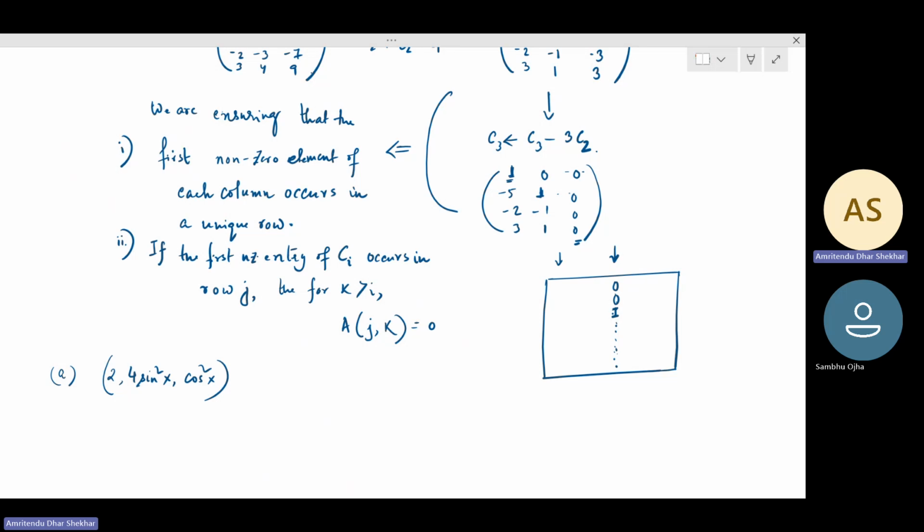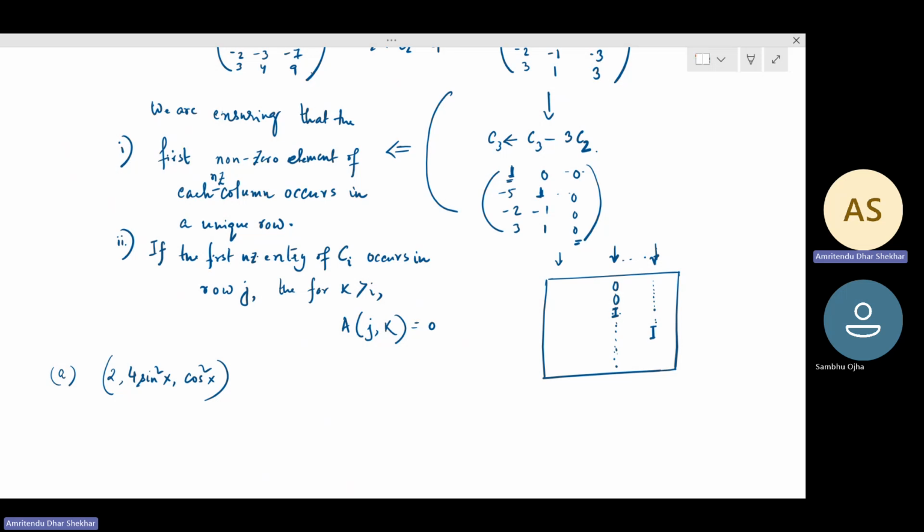I should write over here: for each non-zero column, not zero columns, this number should be unique. In other words, if I come to some other column over here and I encounter the first non-zero element over here, the first non-zero element should not occur anymore in this column. It should only occur in this particular column.